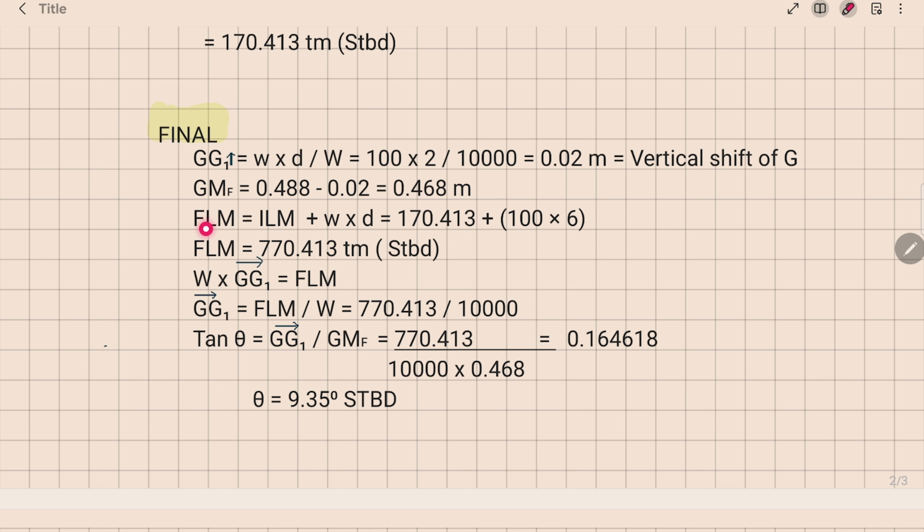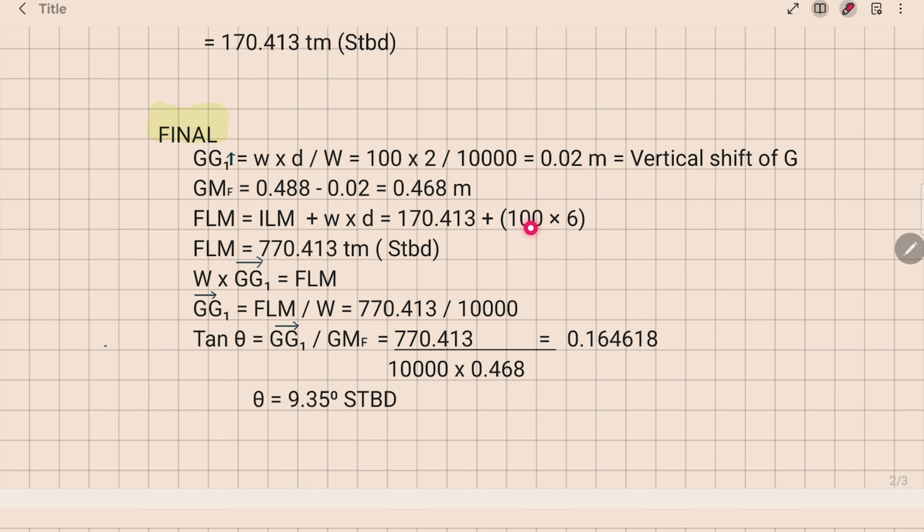What's going to be the final listing moment? Final listing moment, because as I told you, the initial listing moment is also to starboard and cargo also has shifted to starboard. So both listing moments will be added. Initial listing moment plus listing moment due to horizontal shift of cargo. So initial listing moment, as we found before, is 170.413.